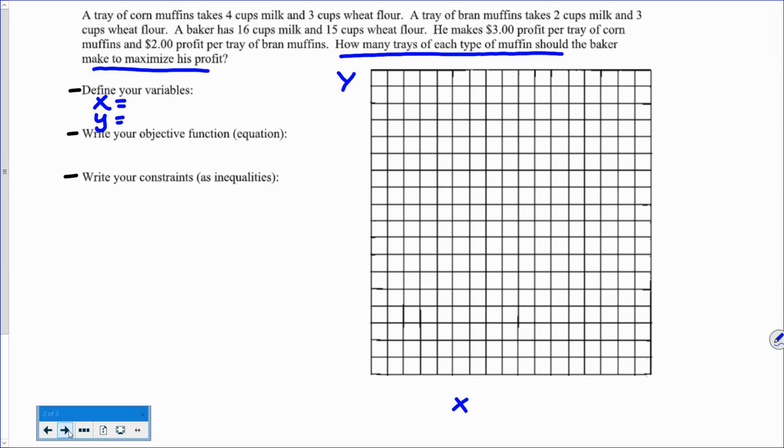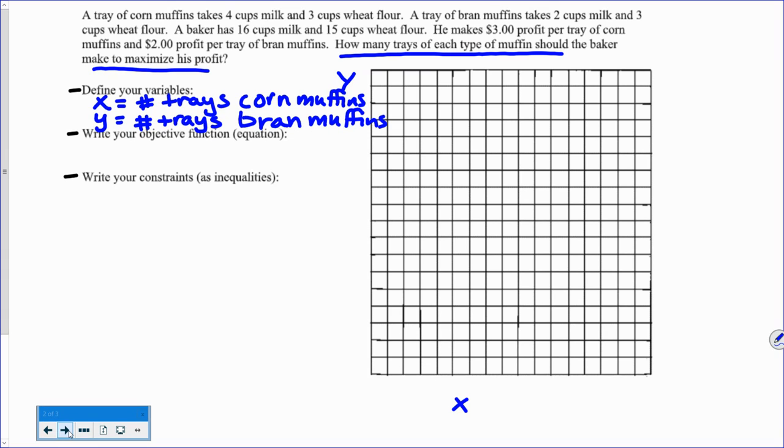I don't know the number of trays of corn muffins, and I don't know the number of trays for bran muffins. That's what we want to know.